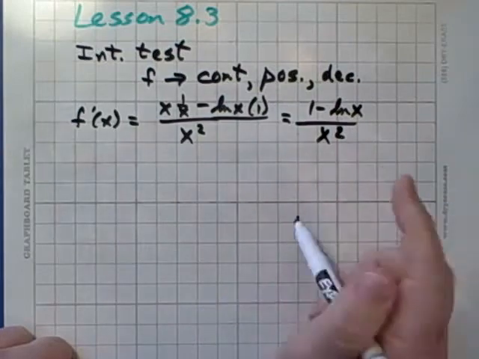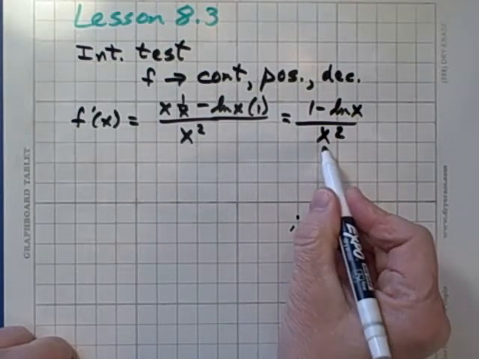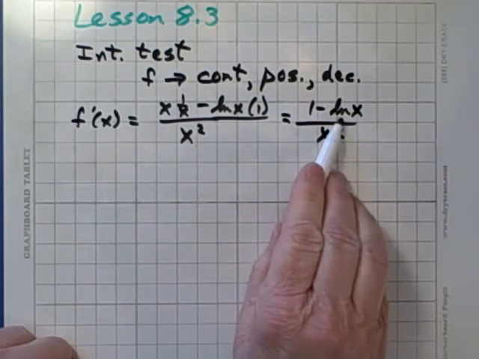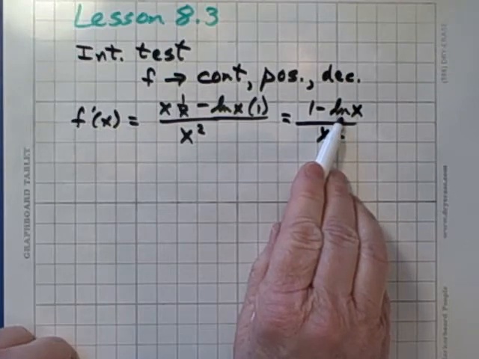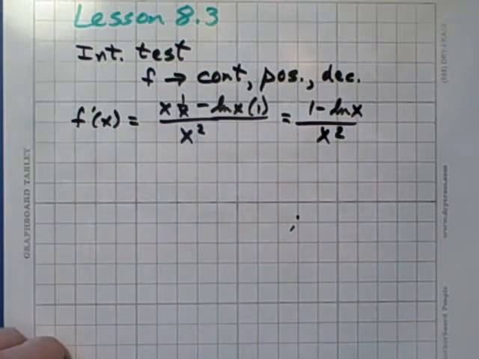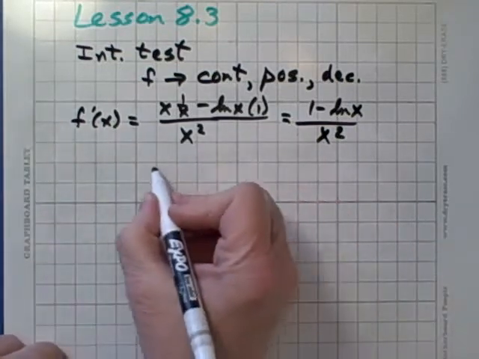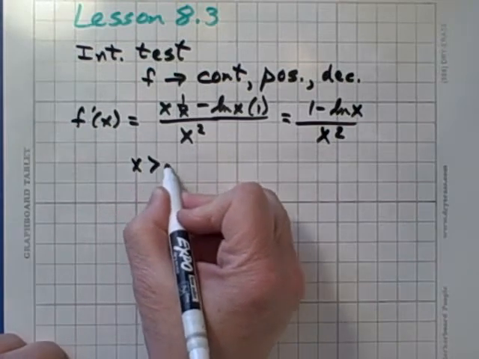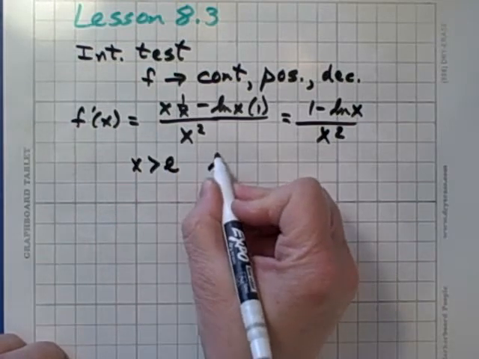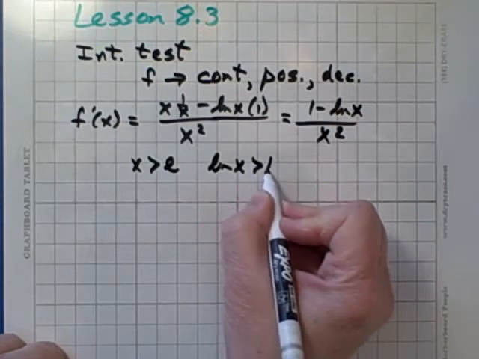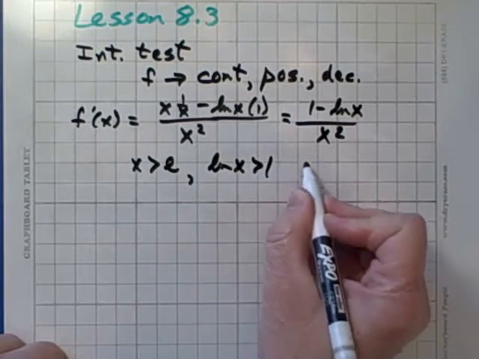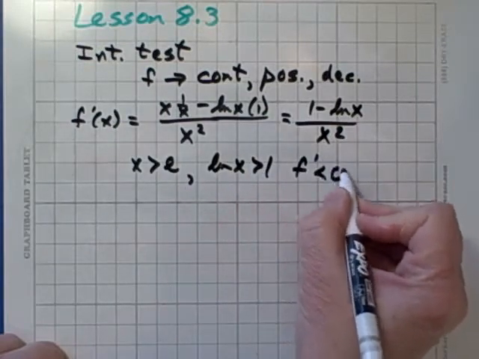Would this be negative? Well, certainly the denominator is going to be positive. It would be negative if the natural log is bigger than 1. And that would be true as long as x is bigger than e. So if x is greater than e, the natural log of x is bigger than 1, and then this derivative would be negative.